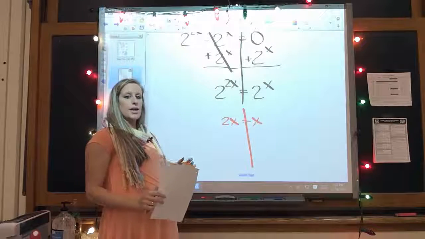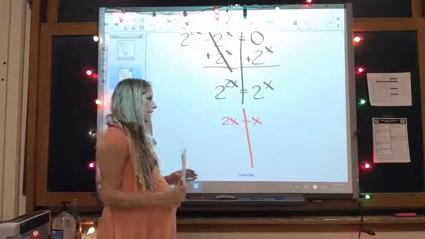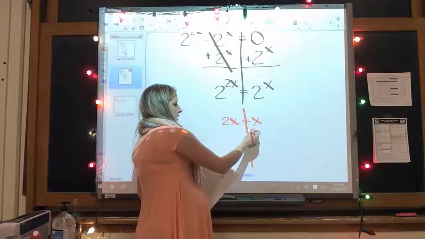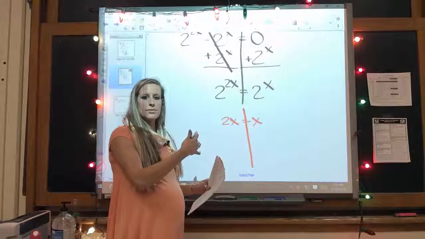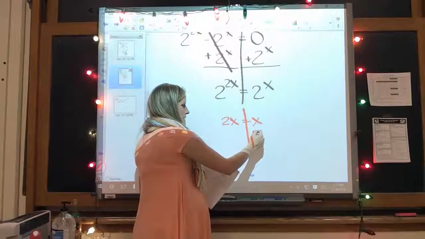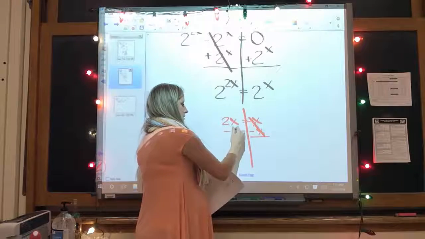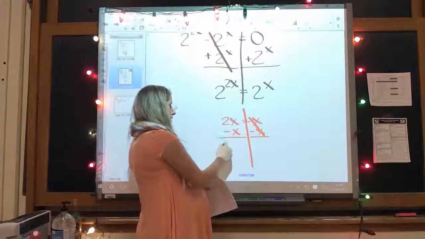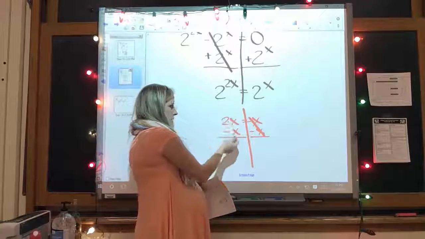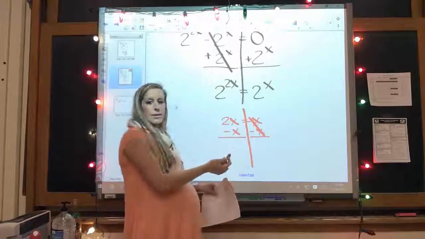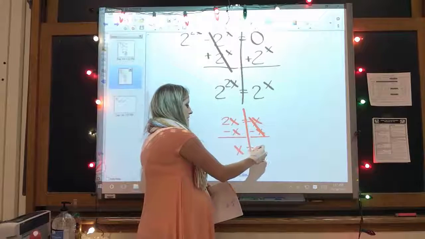If I'm going to solve for x, I need my x's to be on the same side. So you can move them to the left or to the right, it's totally up to you. Let's say we move it to the left. Okay, I'm going to subtract x. So that would be 2x minus x would be 1x, or just x equals 0.